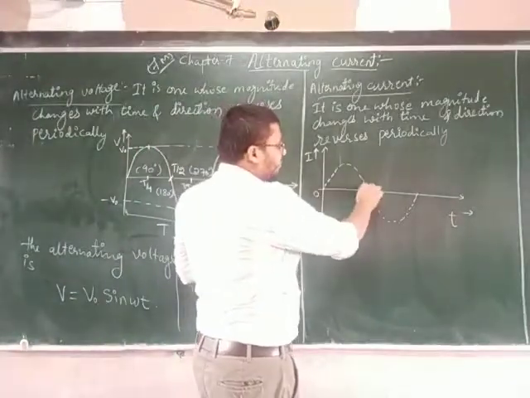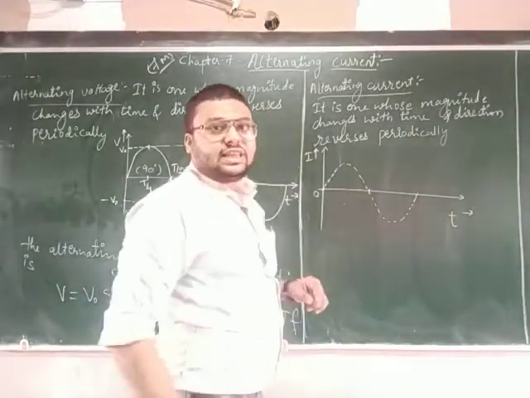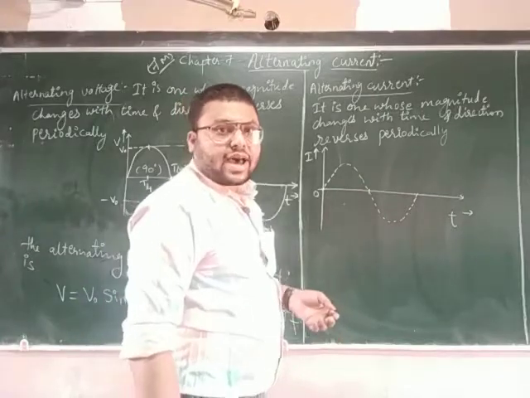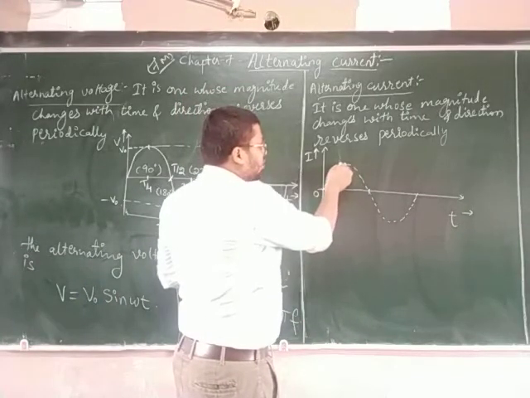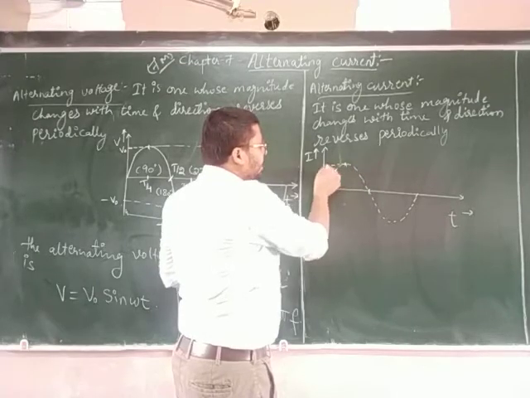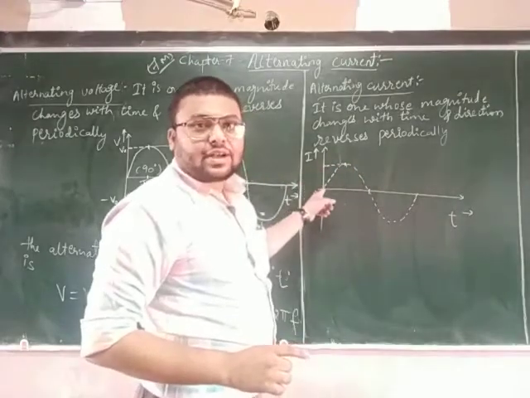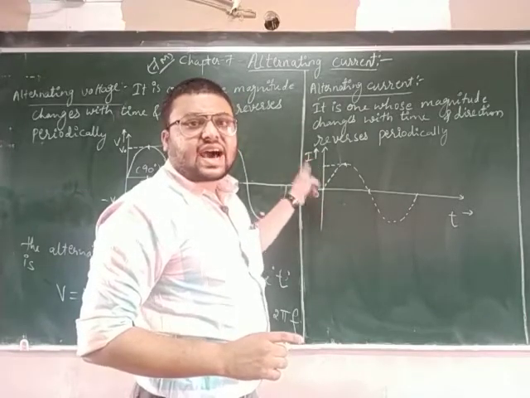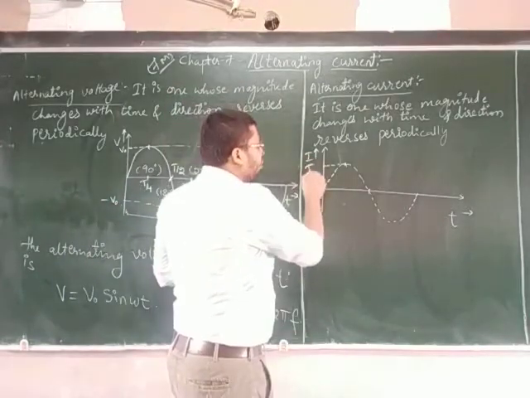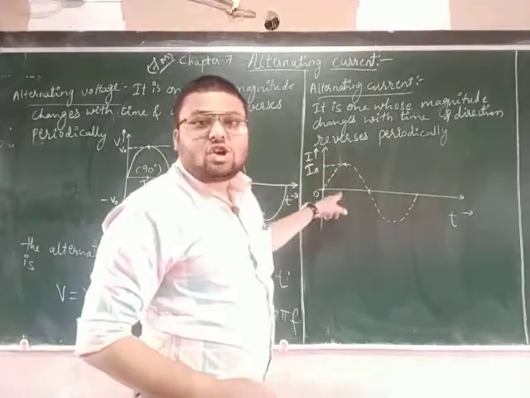For the other half cycle, the current is also changing its direction, changing its polarity. And the maximum value of current here, this is what we can call the peak value of current, the maximum value of current or amplitude of alternating current. And that we are going to represent as I naught.